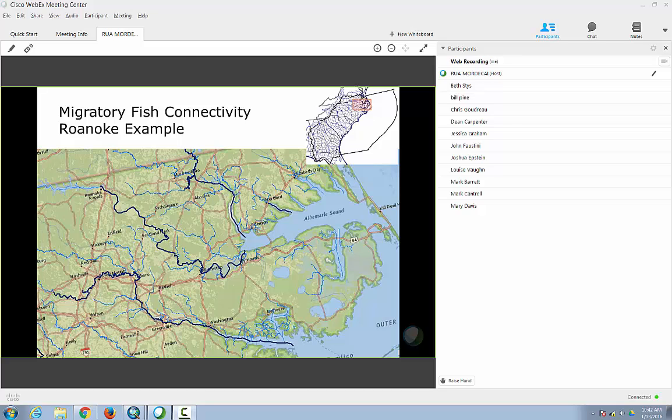Now, at some point, there'll be some connectivity provided by some trap and truck or fish lift kind of passage facilities, but currently those don't exist for those species, and so it should not be showing anything above Blewett Falls all the way up to the head of High Rock or even above. So that's another issue in my mind.